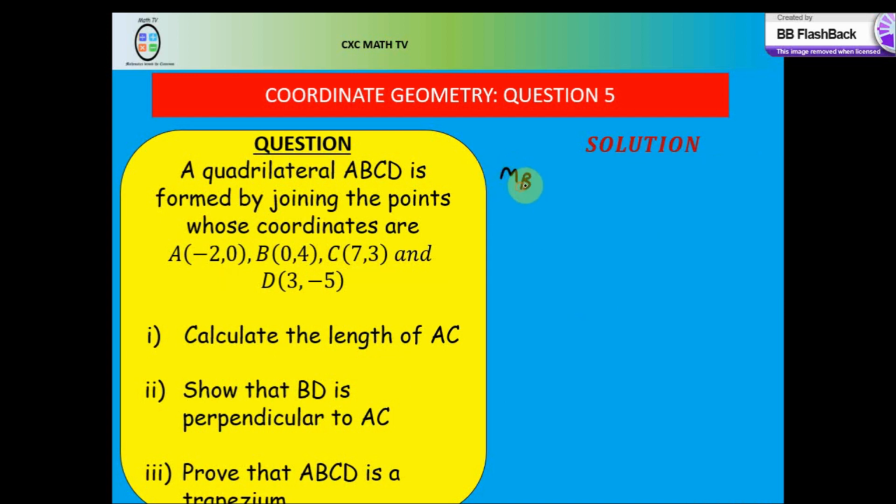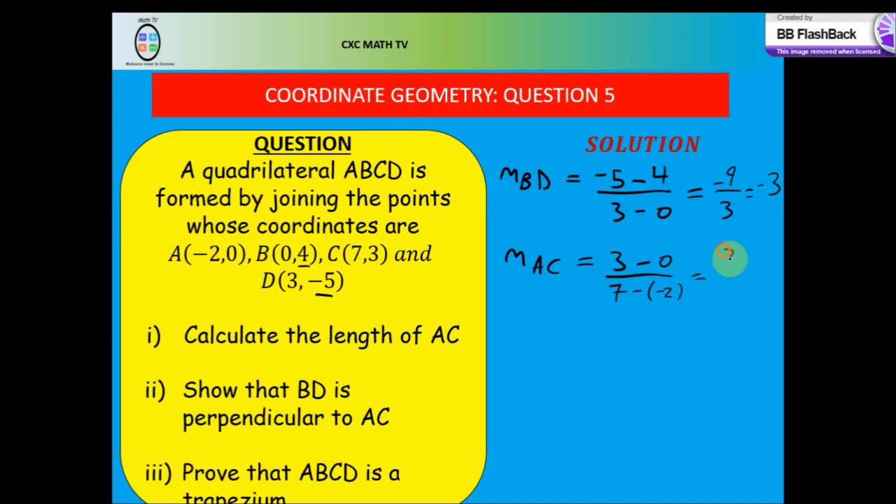So the gradient of BD is equal to y2 minus y1 over x2 minus x1, negative 5 minus 4 over 3, so that is negative 9 over 3, which is negative 3. Now the gradient of AC is y2 minus y1 over x2 minus x1, which is 3 over 9, which is 1 over 3.